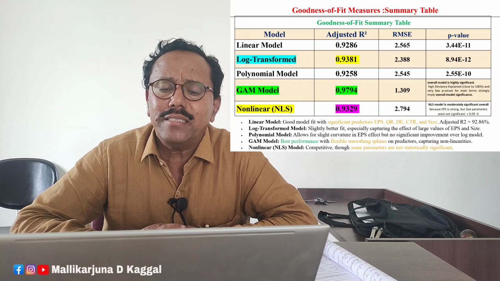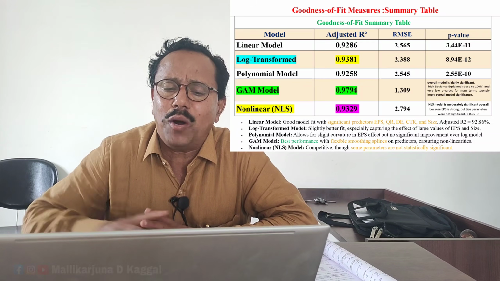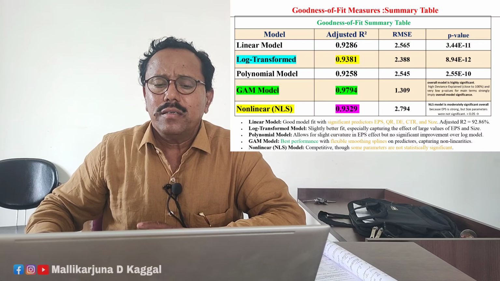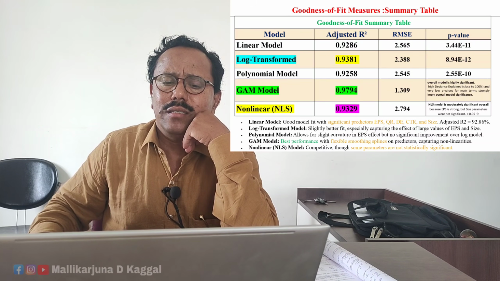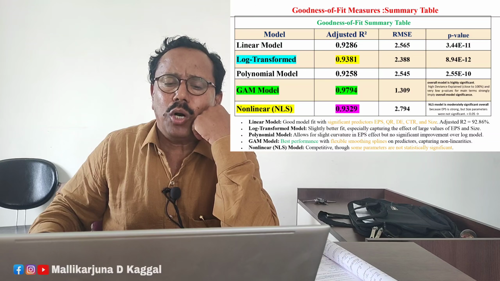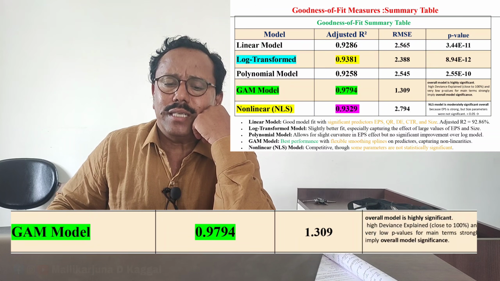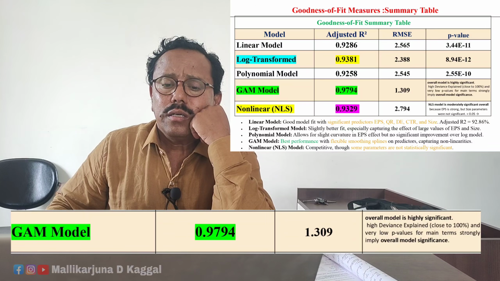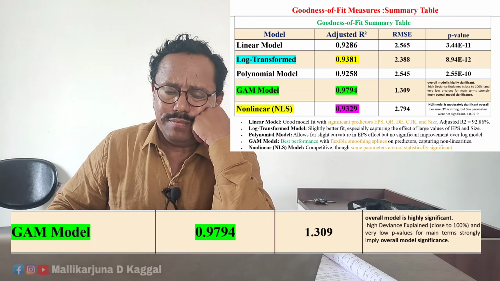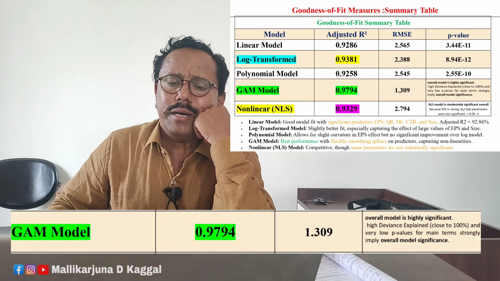Even RMSE is the lowest in the GAM model only, 1.309. Here 1.309 is the lowest. So among all the types of models, this has the least RMSE. Are you getting me?